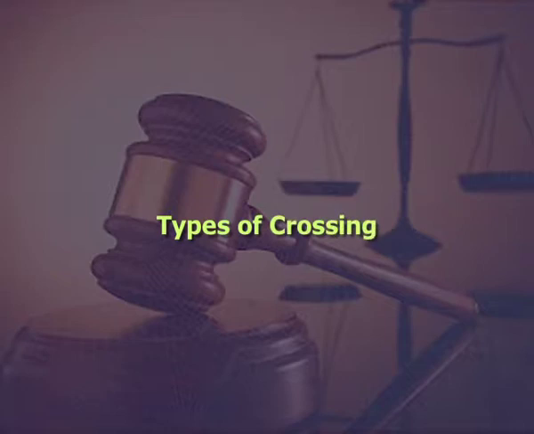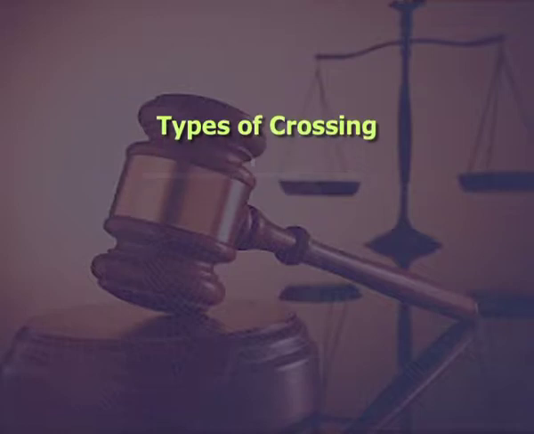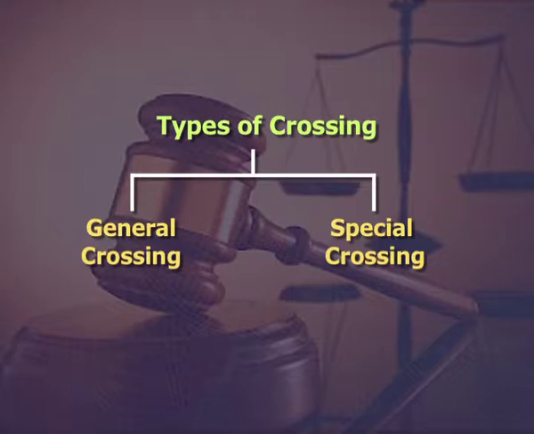Now, let's see different types of crossing. There are basically two types of crossing, namely general crossing and special crossing.